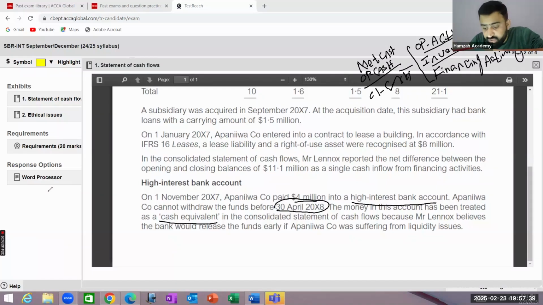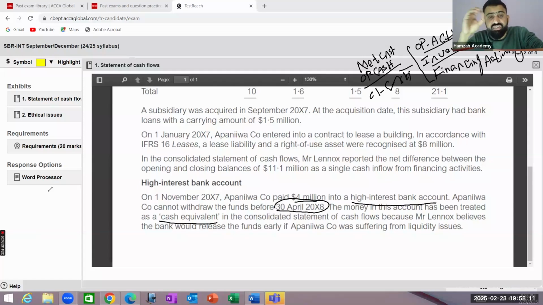But according to Linonix, they can release the fund anytime the company requires. But this is not true because it is specifically mentioned in the contract that you cannot withdraw the fund before 30th April. So that means Mr. Linonix's belief that it is a cash and cash equivalent is not right. It is not a cash and cash equivalent.